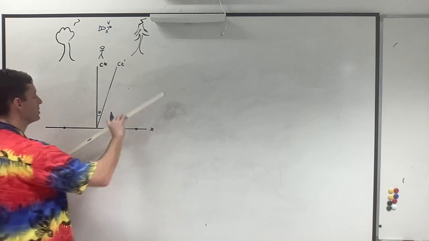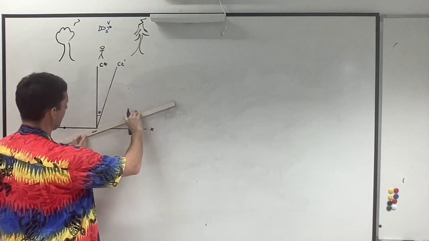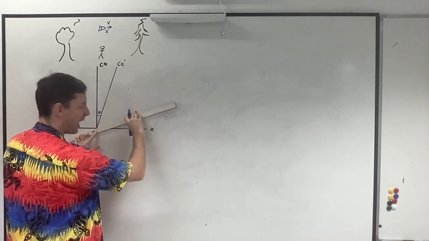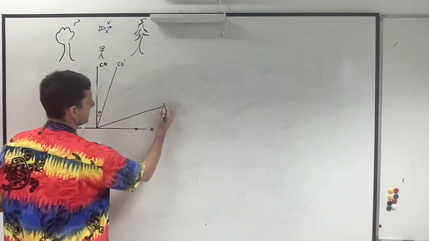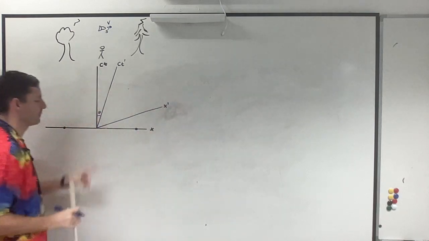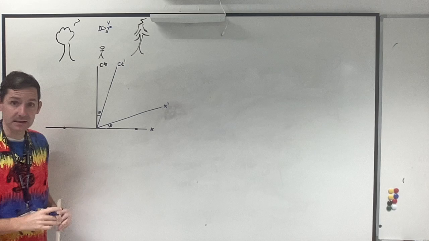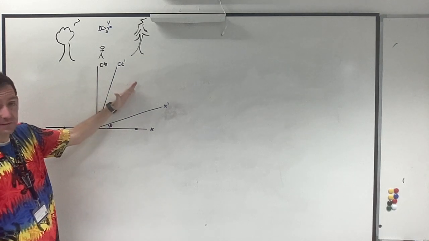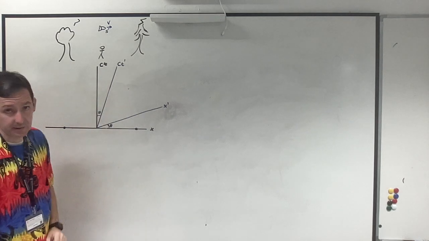Now remember, what I'm doing as I do this is I'm actually just creating a new x and y axis. So hopefully that's pretty close. It may or may not be perfect, but you get the idea. This angle right here has to be the same as that one.